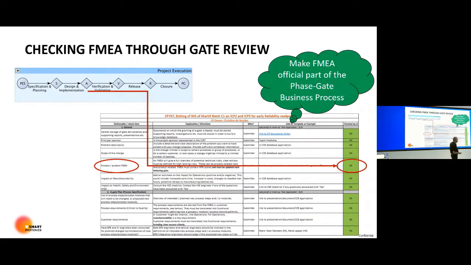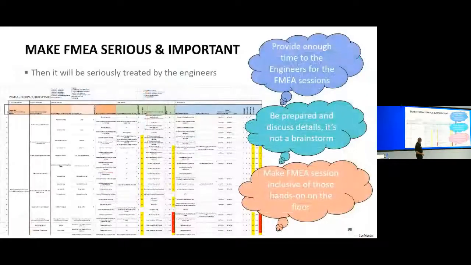And it is reviewed by our CCB chairman, and if the CCB chairman is not available, he delegates that to one of his quality engineers. Again, that makes it really formal, really visible. The FMEAs are really extensive.